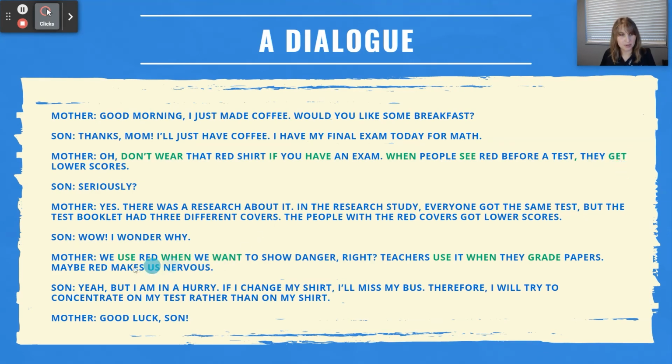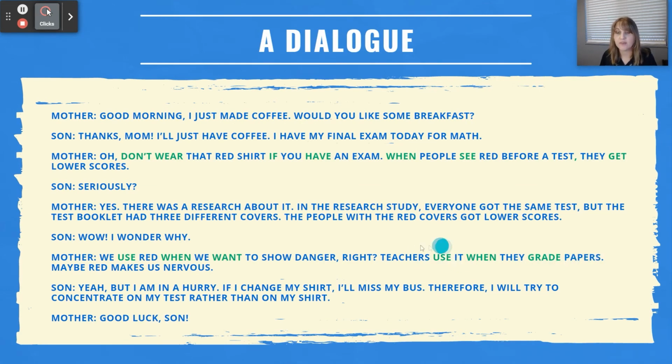One more example. We use red when we want to show danger. So we have present simple, we have the result, and we have when we want to show danger. When we want, present simple. Make sure all the verbs are used in the present simple form, and that's a true situation. And again, we have teachers use it when they grade papers.